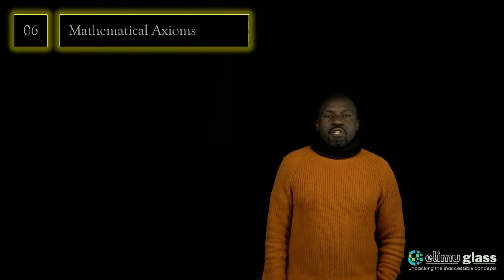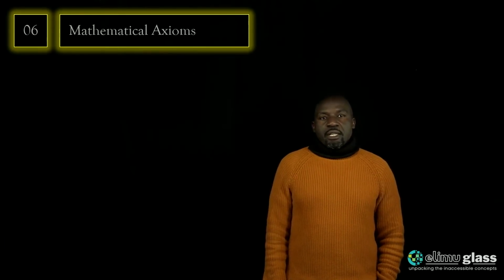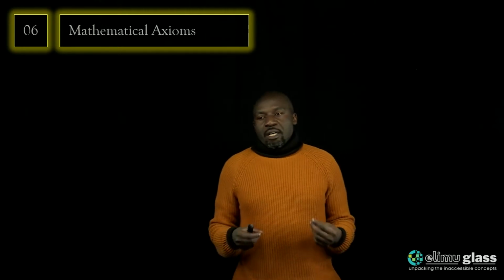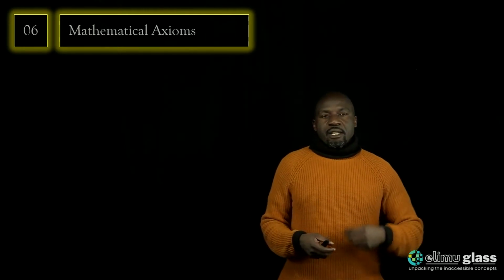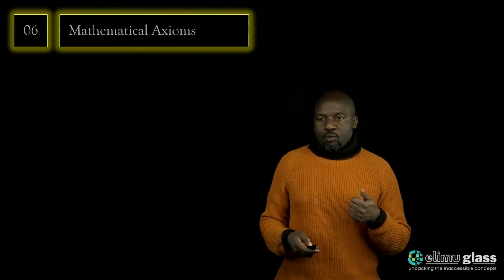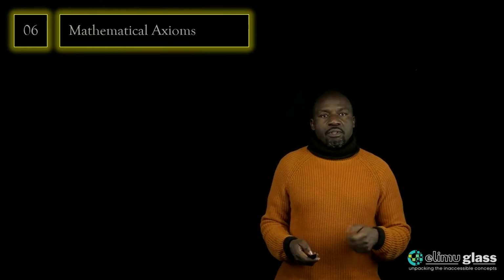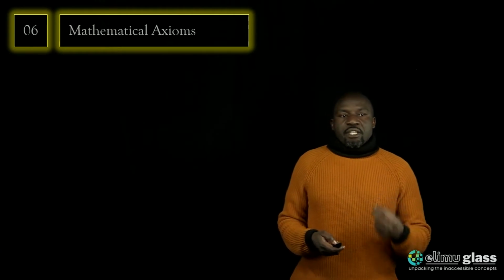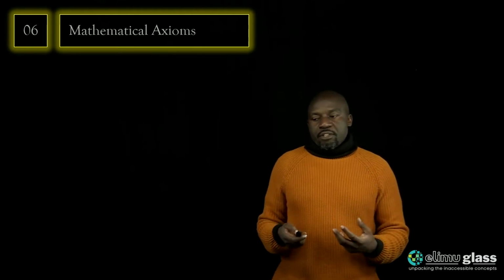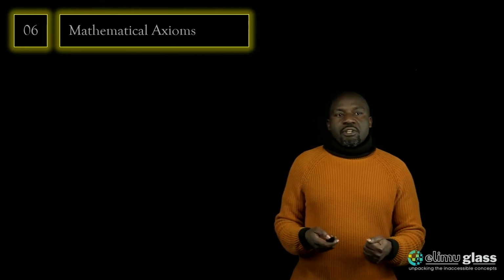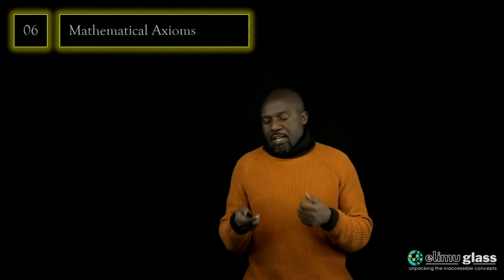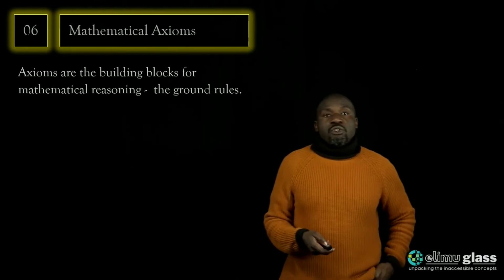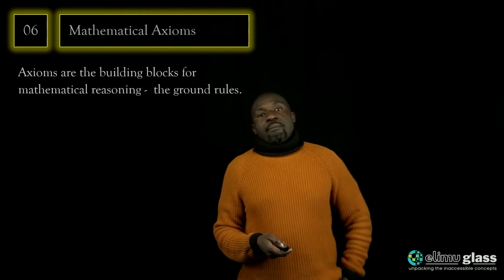Mathematical knowledge is based on some very basic understanding, what we would refer to as starting rules, all right? Any piece of mathematical knowledge is based on reasoning, and this reasoning follows certain rules. And these basic rules are what we would refer to as mathematical axioms.